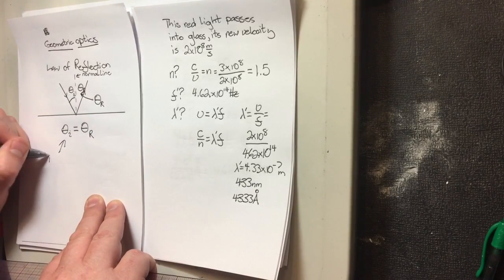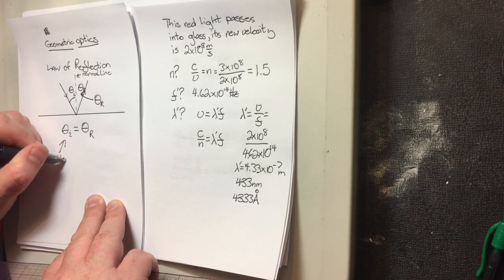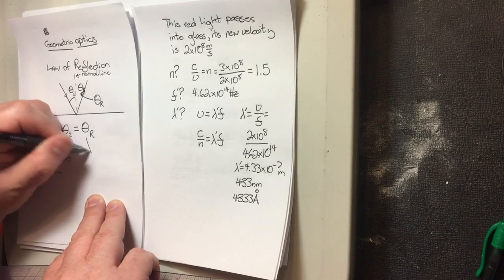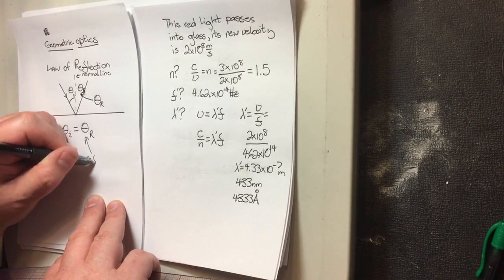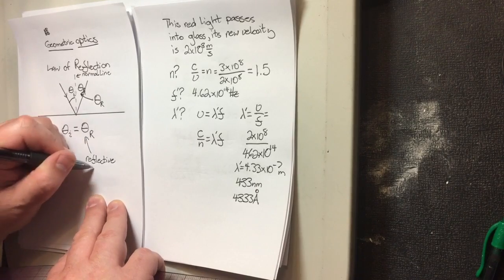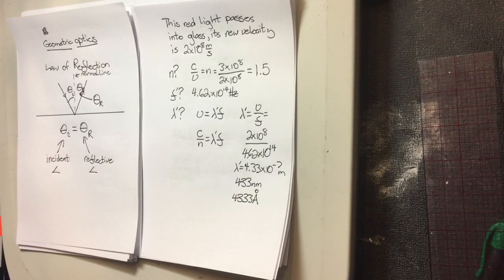This is the incident angle. This is the reflective angle. So the law of reflection, pretty obvious. The incident angle is the same as the reflective angle.